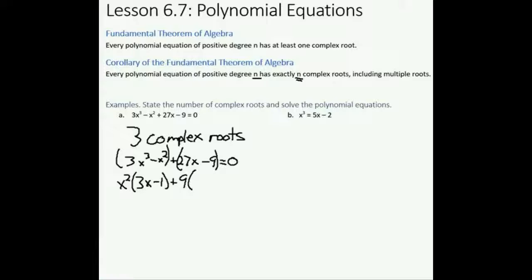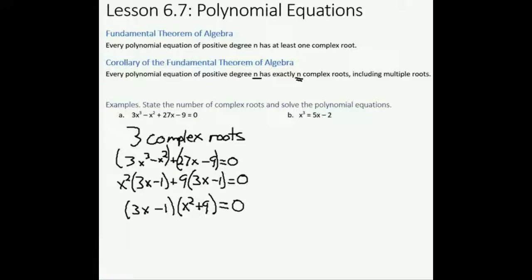And we have 3x minus 1. And remember, with factoring by grouping, what we do now is we look and we notice we have a 3x minus 1 in common, so that can be factored out. And what's left over? Well, this x squared plus 9 is left over. This is still equal to 0.